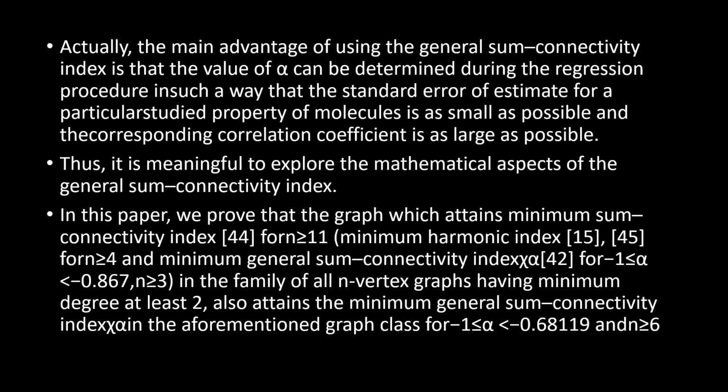Actually, the main advantage of using the general sum connectivity index is that the value of α can be determined during the regression procedure in such a way that the standard error of estimate for a particular studied property of molecules is as small as possible and the corresponding correlation coefficient is as large as possible.